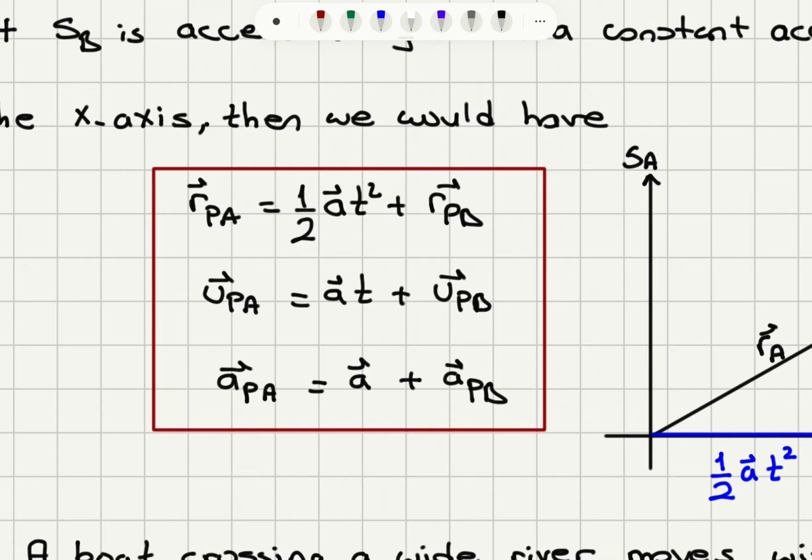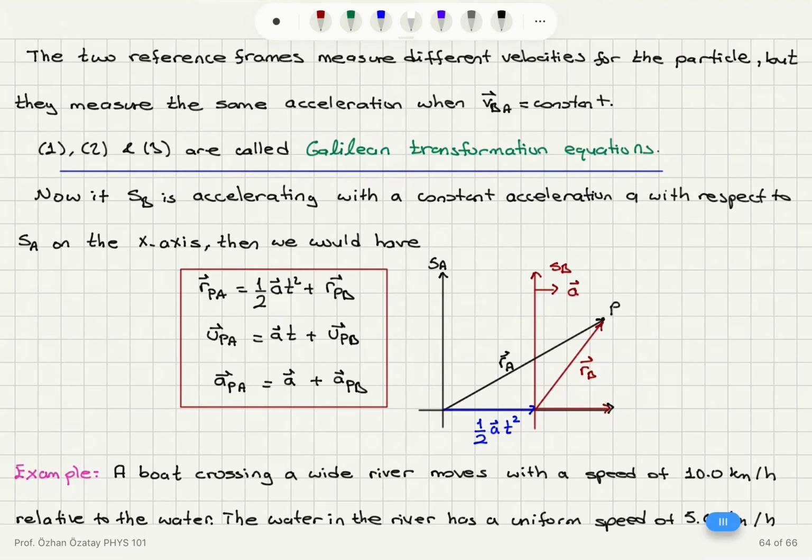Then if you look at the velocity, UPA is the derivative of this with respect to time, at, because the derivative of acceleration with respect to time is 0. I'm assuming constant acceleration. Plus UPB. And if you look at the acceleration, one more derivative with respect to time, now I see that even the accelerations reported by these two reference frames are not the same.